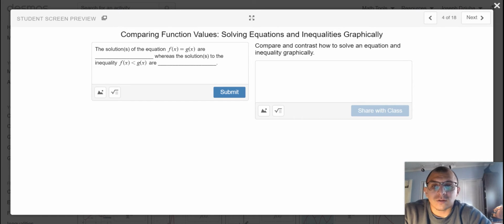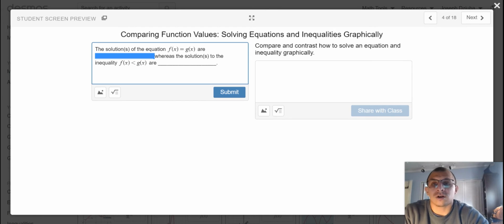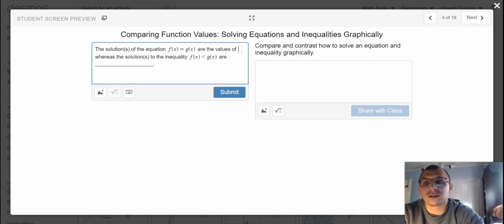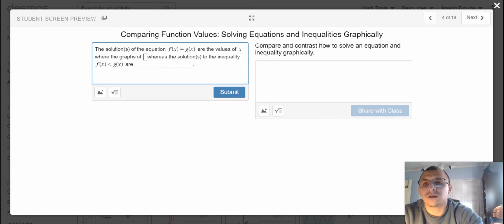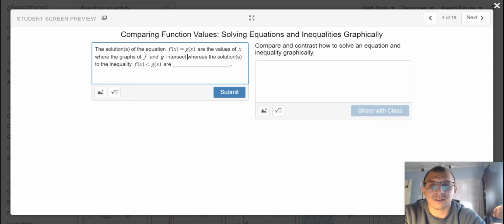So moving on, when we have the graph of two functions, the solutions to the equation f of x equals g of x are the values of x where the graphs of f and g intersect, right?